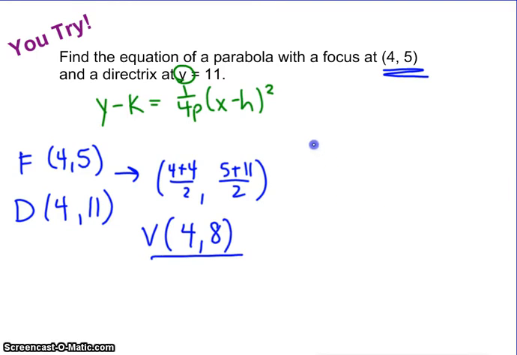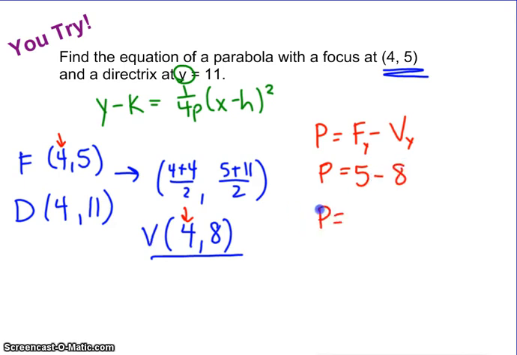Now I need to find the p-value. The p-value is going to be the focus minus the vertex. Now if I take the x value of the focus and the vertex and I subtract those, I'm going to get 0. You can't have a distance of 0. So what I'm actually going to do is use the y values of both the focus and the vertex. So the y value of the focus is 5 and the vertex is 8.